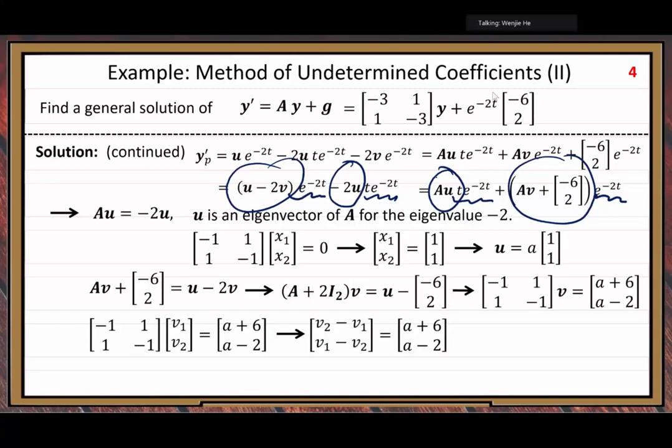The sum of the two components is 0. You add up these two entry values, and the sum is 0.